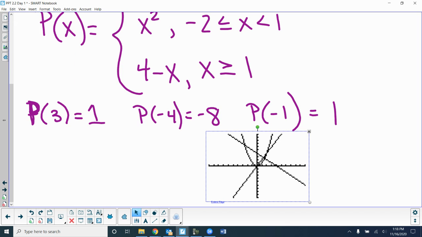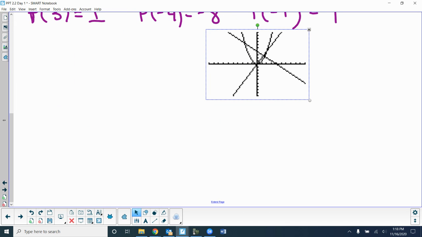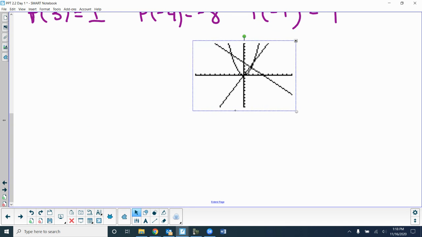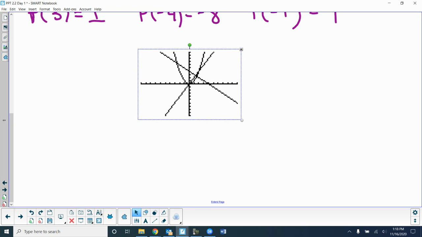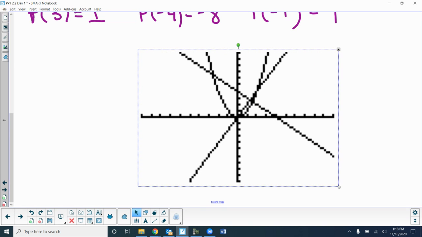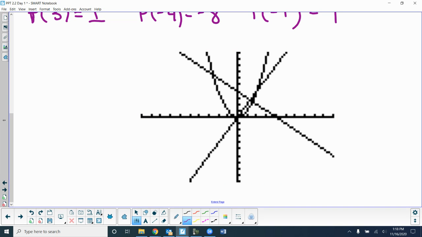Now let's think about this. Let's think about our domain. What's our domain again? What are we thinking about when we're thinking about domain? X values, right? So remember, our domains were x less than negative 2, negative 2 less than or equal to x less than 1, and then x greater than or equal to 1, right? Those were the 3 domains.